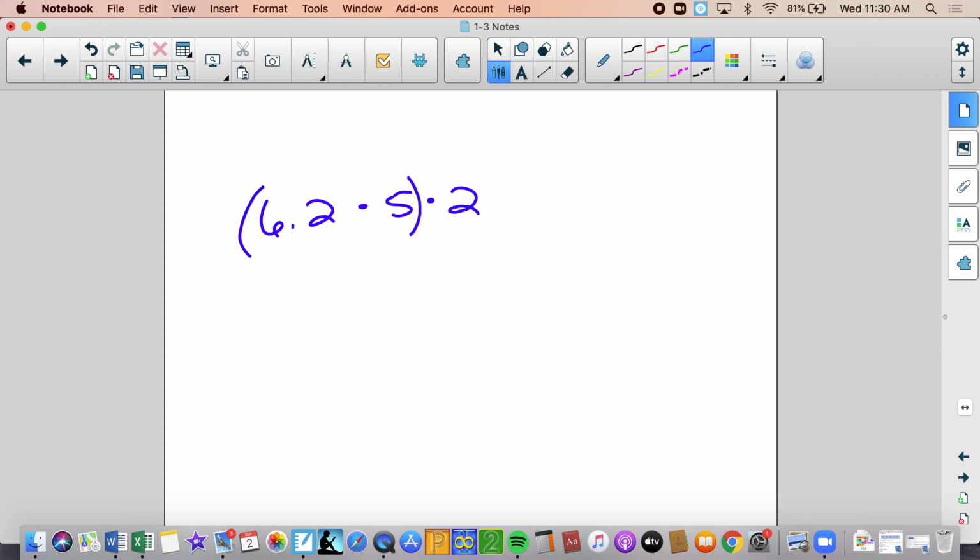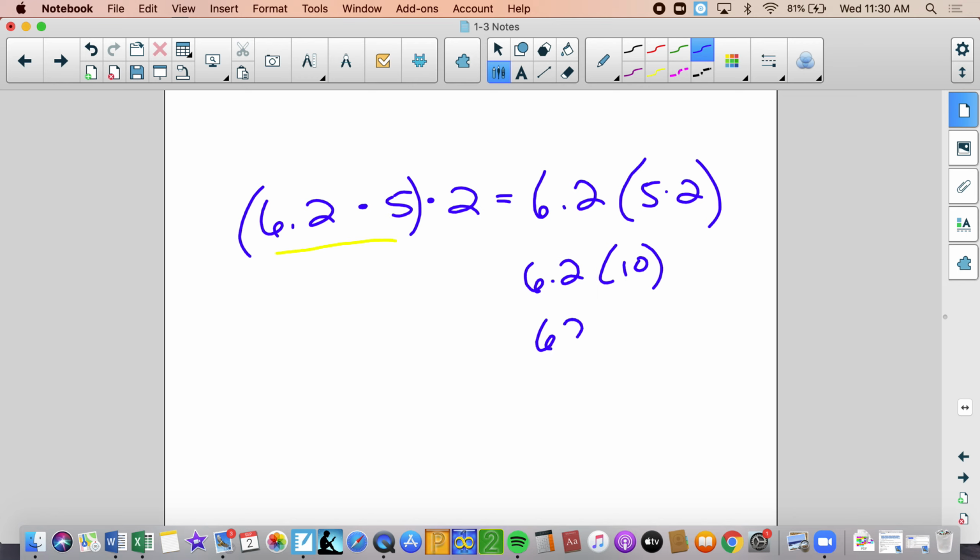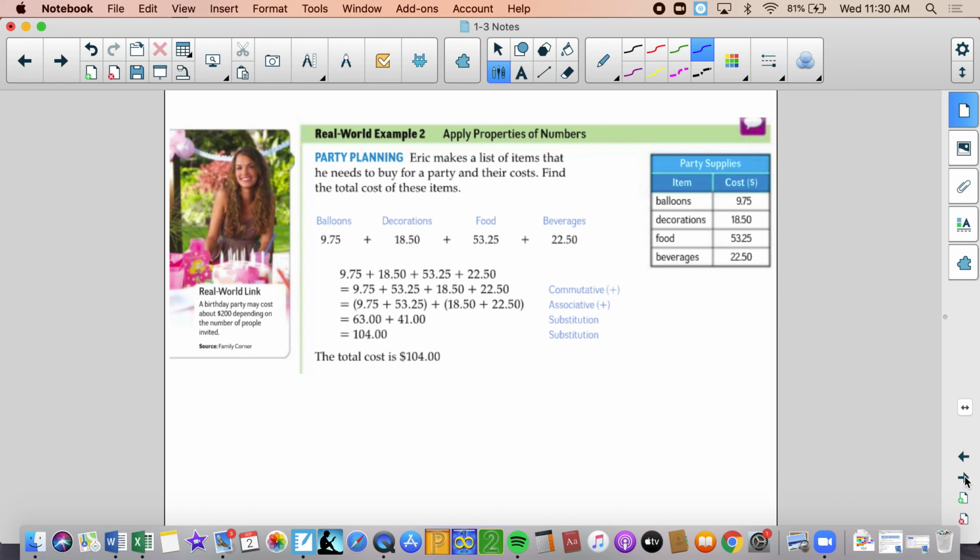Order of operations tells me I would have to do that first. But the associative property tells me I can shift that and multiply 5 times 2 first instead. That's so much easier, to multiply by 10. I can do that in my head, mental math, as opposed to multiplying 6.2 times 5. I don't know what that is off the top of my head. And then double it.